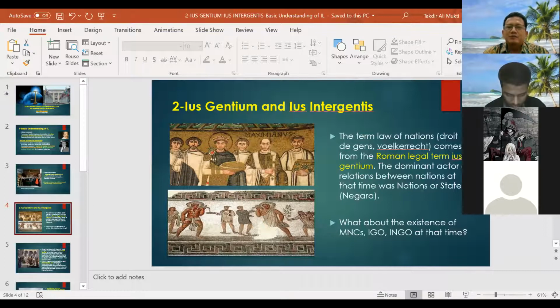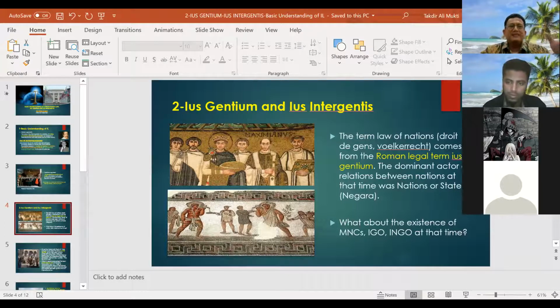They refer to democracy, liberalism, individualism, and also in international law, they have a legacy from the Roman Empire, what they call Ius Gentium. The dominant actor of Ius Gentium was the nation or state.